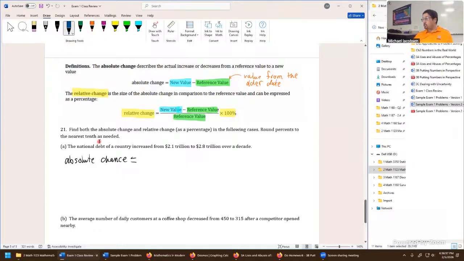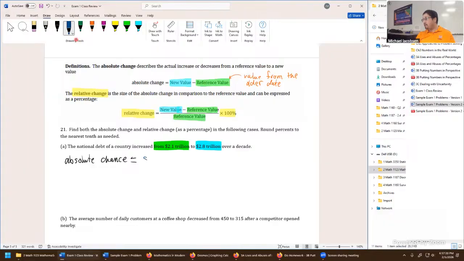We have to subtract in the right direction, but there's often a time component. When it says from the 2.1 trillion, that's the reference value of the problem. When it says it went to 2.8 trillion over a decade, we're thinking of this as the present value or the new value, the value as it is now. So that would be our new value in the problem.